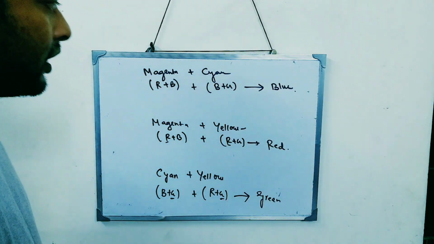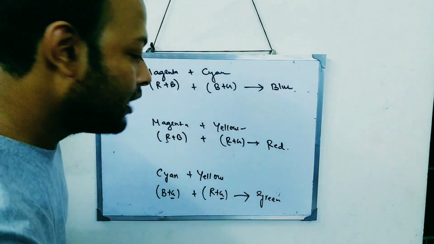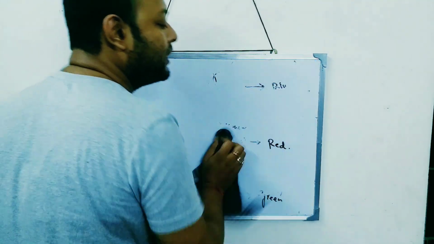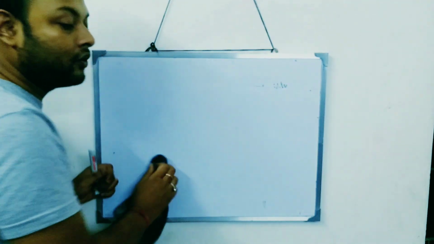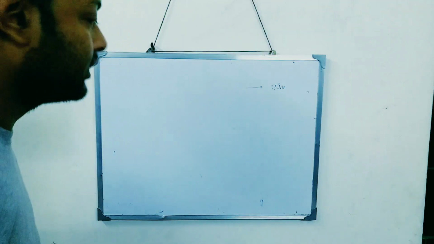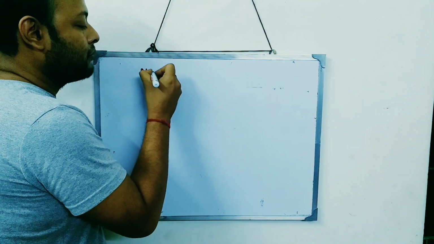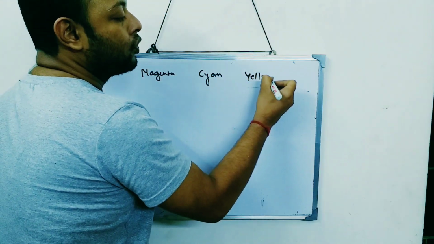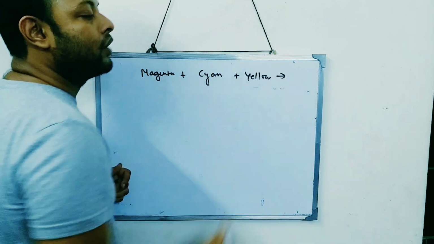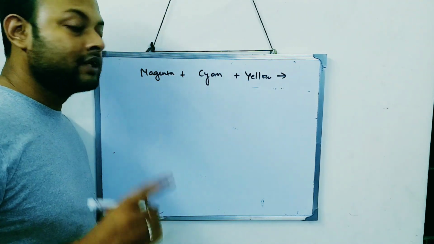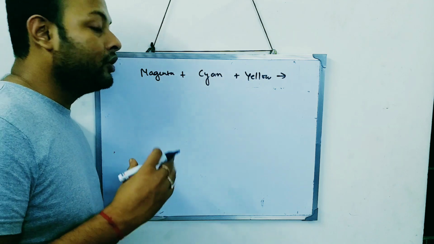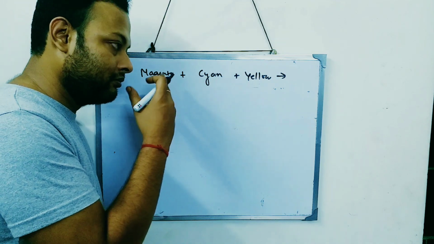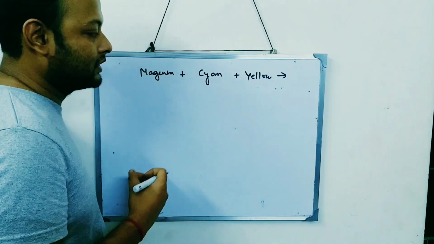Okay. Now suppose a question comes to your mind: sir, what will happen if I combine all three secondary colors? If I combine magenta, cyan and yellow, what is the output? See, over here, from the white light, you are actually doing color subtraction.